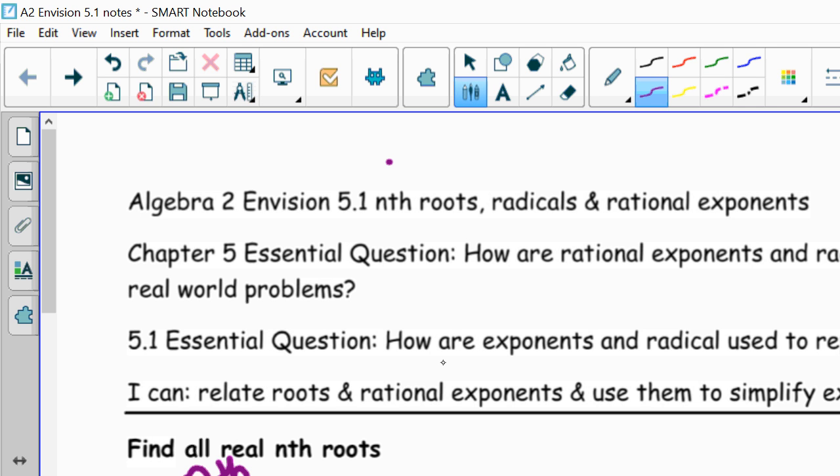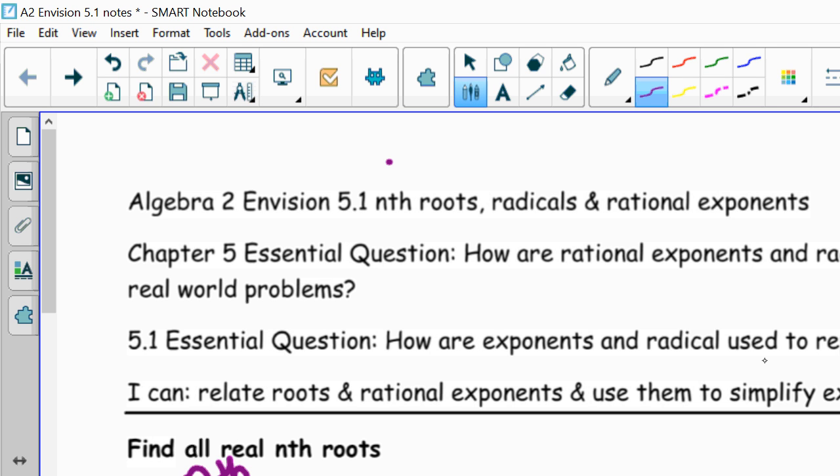Here we see that this n is our index. Our index tells us what root we are taking. We have the radical symbol, and then the c, whatever's underneath the radical symbol, is called the radicand. A lot of this vocabulary is review from Algebra 1, geometry, and lots of our earlier math classes.